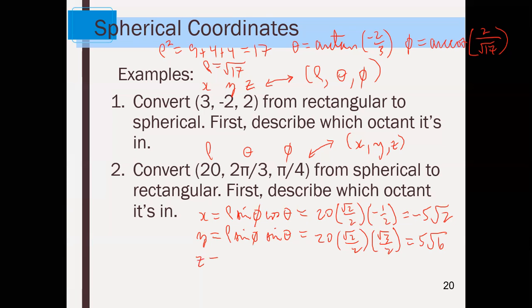And finally, z is rho cosine of phi. So it's going to be 20 times the cosine of phi. Well, phi is just pi over 4, right? Cosine and sine are the same at 45 degrees. So times square root of 2 over 2, so this would be 10 square root of 2. So the x coordinate is negative, the y coordinate is positive, and the z coordinate is positive. So yes, you are in octant number 2 in this particular case.